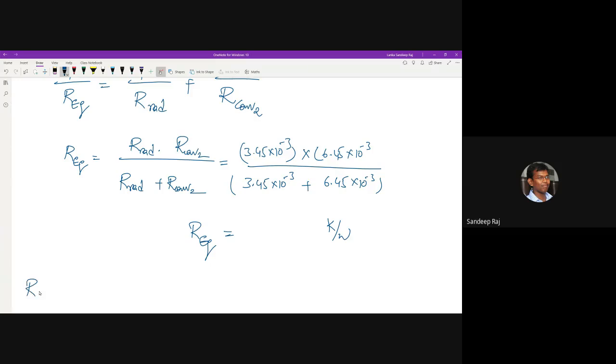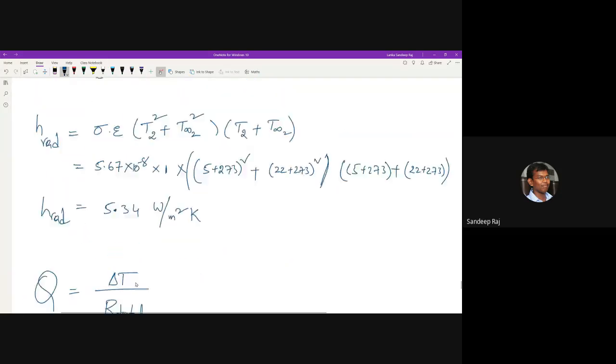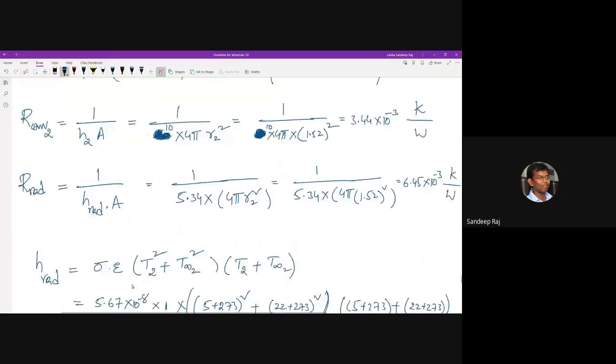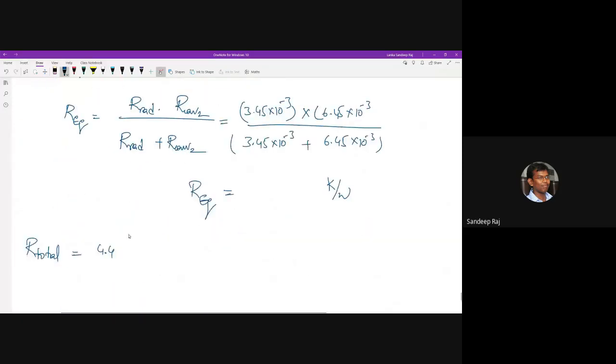Then R total will be equal to 4.42 into 10 to the power of minus 4 plus 4.65 into 10 to the power of minus 4 plus this value. What is this value?